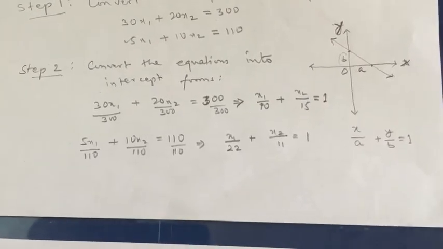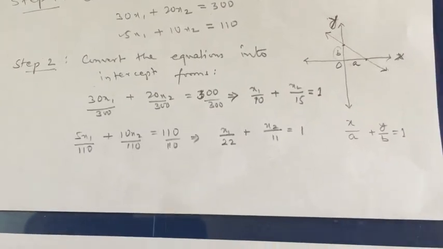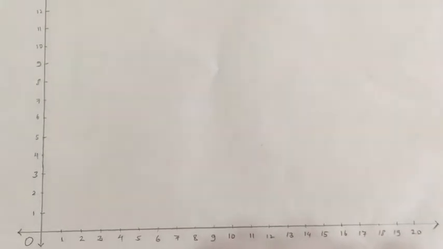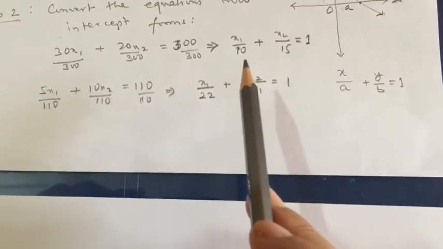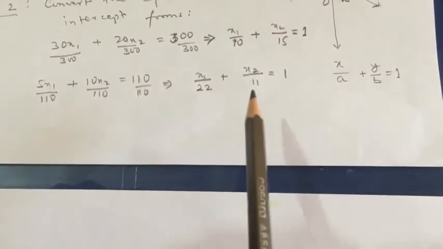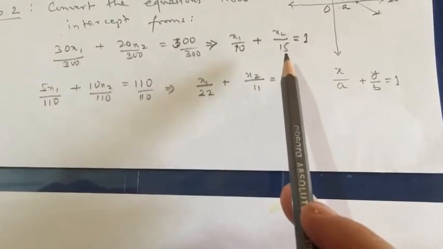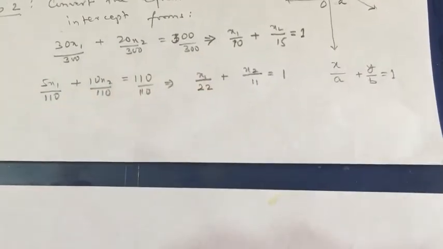Let us see the graph. I have drawn the graph already, but I haven't plotted the line. Let us plot the first line. Our first line in intercept form is x1 by 10 plus x2 by 15 equals 1.